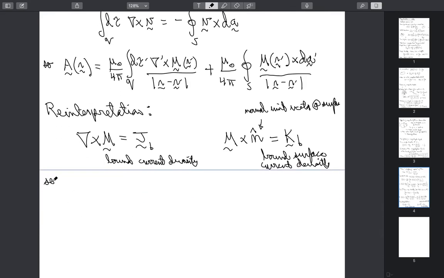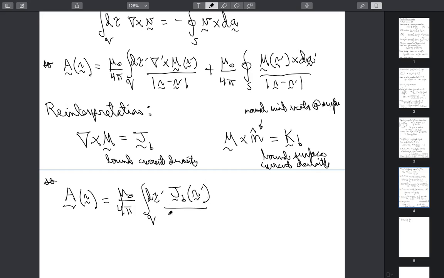Okay, and what that allows us to do is rewrite the vector potential as a sum of two contributions. The contribution coming from the bound currents in the volume, so J bound is a vector quantity at r prime divided by r minus r prime, plus a contribution coming from the surface currents.